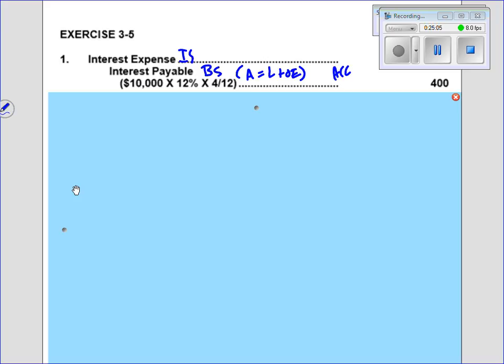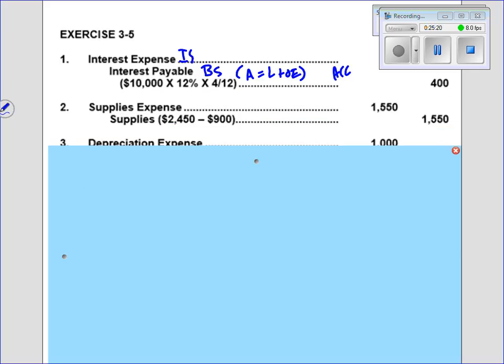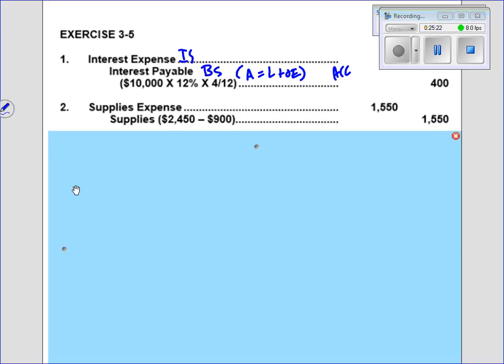Go up above and find the value of the supplies. What did we start with in supplies? Wasn't it 2,450? Is that what you said? 2,450 minus the 900 that's still on hand ends up being 1,550 that we used.